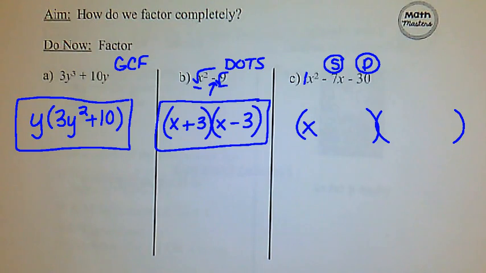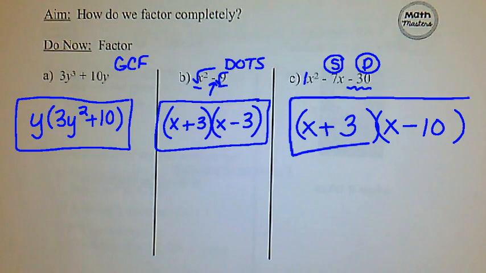I know it's going to be an x and an x. One will be positive and one will be minus because we have a product of negative 30. What multiplies to negative 30 and adds to negative 7? Hopefully you're saying a positive 3 and a negative 10.